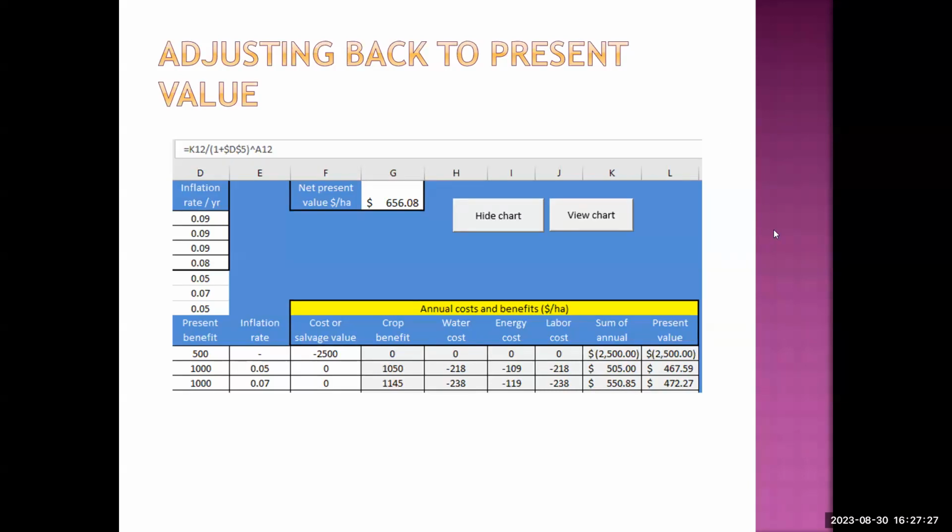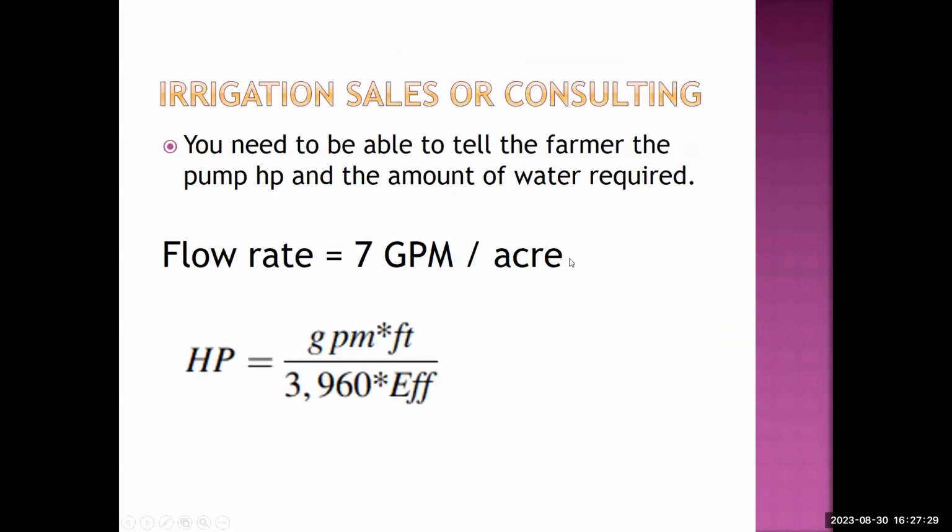Okay, so I'll start the video again. Say I was an irrigation salesperson. There are 2 things the farmer wants to know: the flow rate, and the horsepower of the pump.